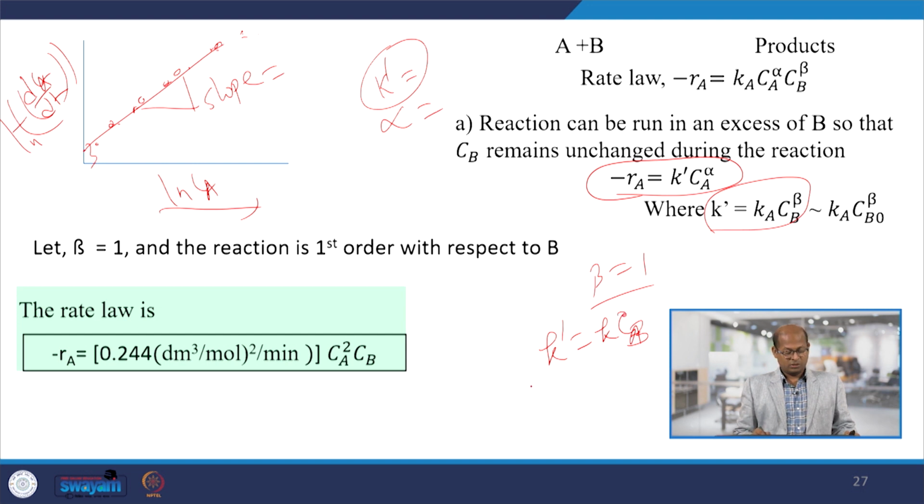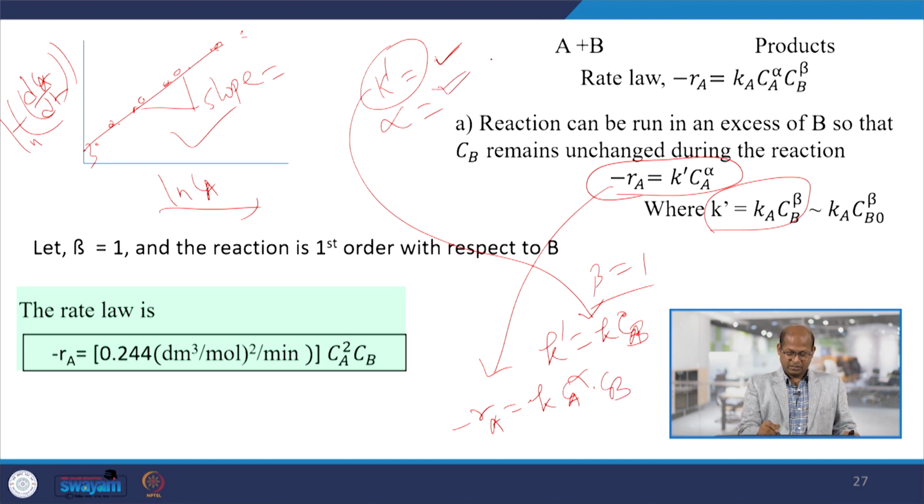Okay. So, this k prime value that is known from here, we can substitute here. Or this rate equation we can write as minus r equals k into Ca to the power alpha into Cb. So, for alpha and k, if we put the k prime value, the Cb value is known, so then the k value we can evaluate.